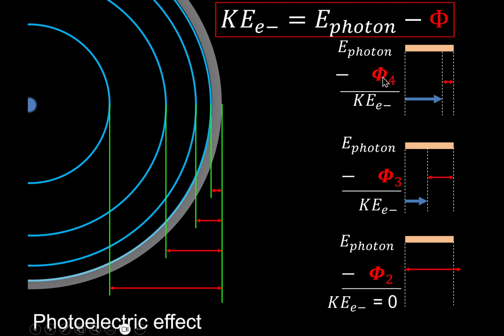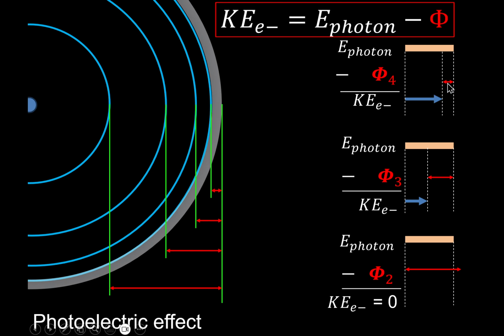And then this Greek symbol with the subscript 4 represents the fourth energy level work function. So if an electron was in the fourth energy level, how much work would have to be done? How much energy would have to be spent just pulling the electron out of the electron cloud? And then the rest of that energy is left over as kinetic energy of the electron that got ejected.